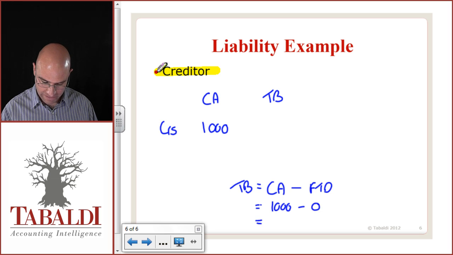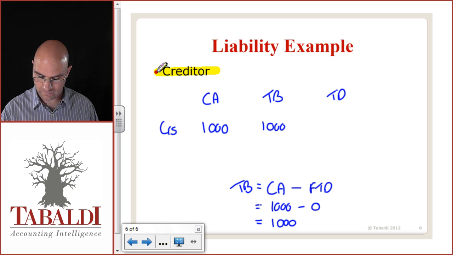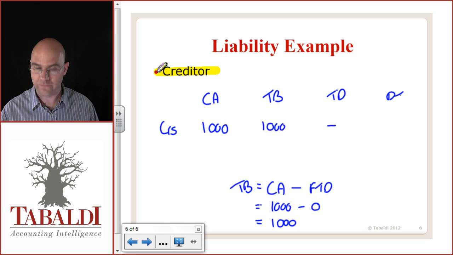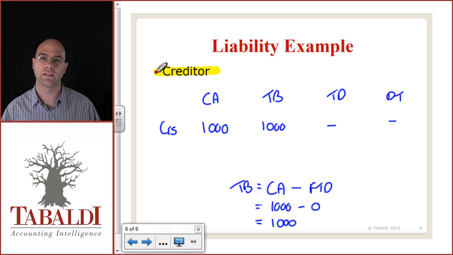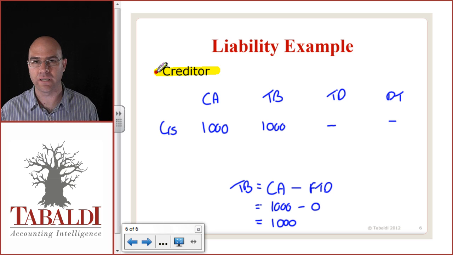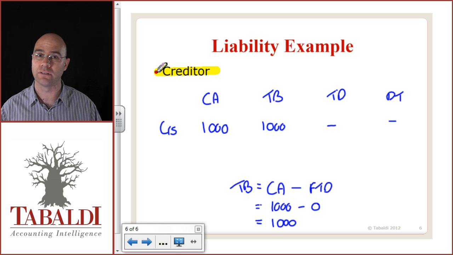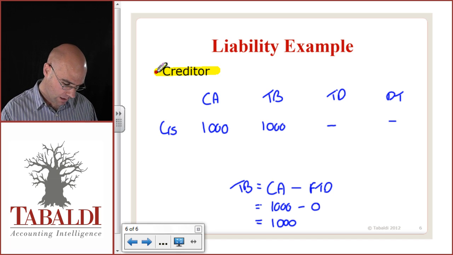So the tax base will equal the carrying amount of 1,000. And rightly so, there is no temporary difference, and therefore no future tax consequences, and therefore no deferred tax recognized today. Now please note, although I'm talking about liabilities in total here, the one liability that's going to be separated out with its own definition is the income received in advance, and that will be in our next lecture.